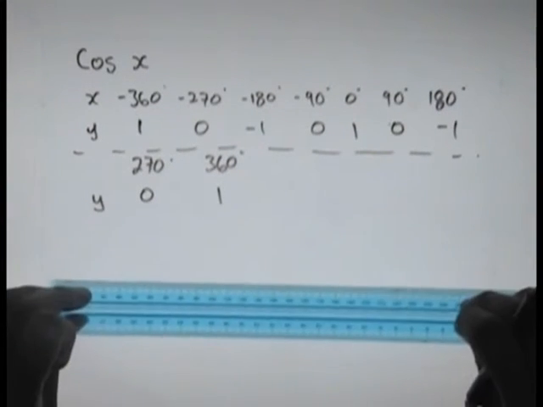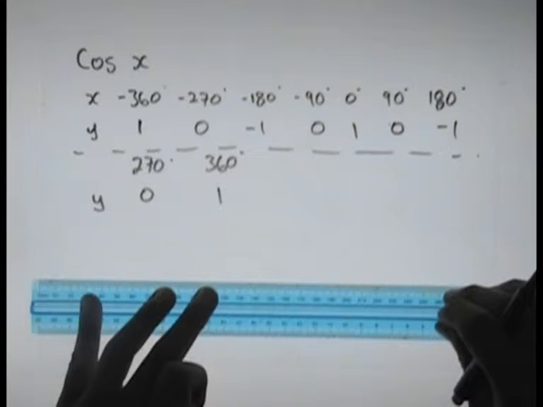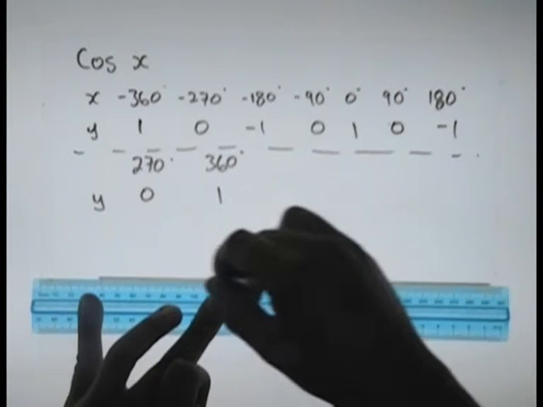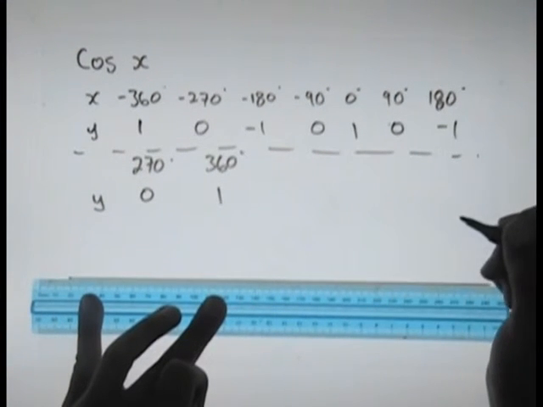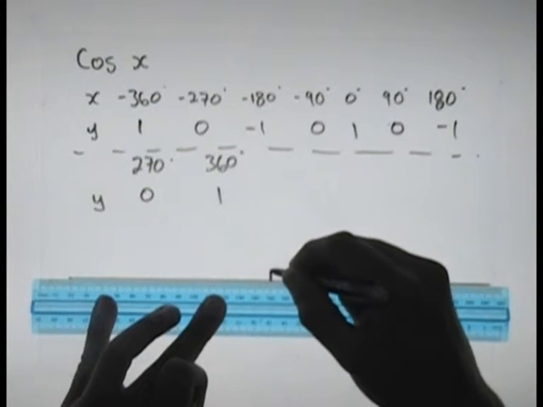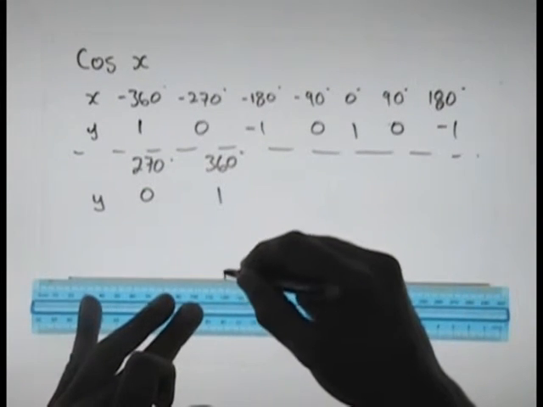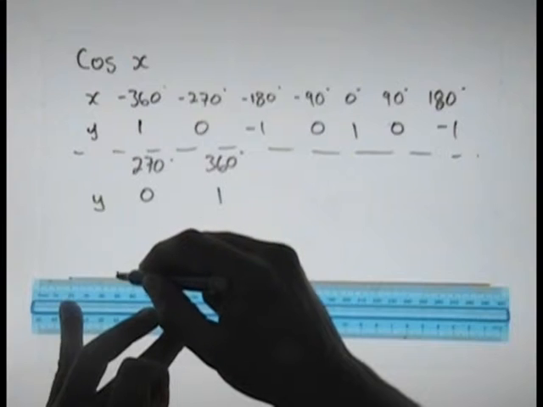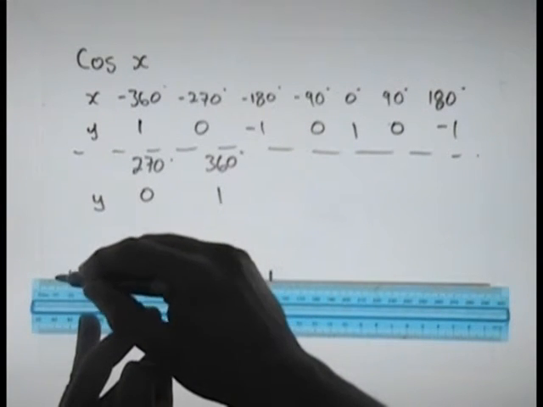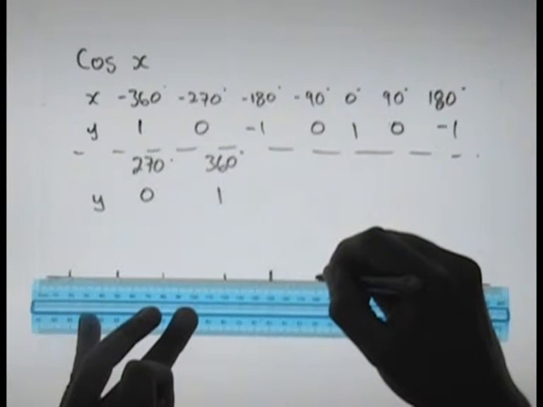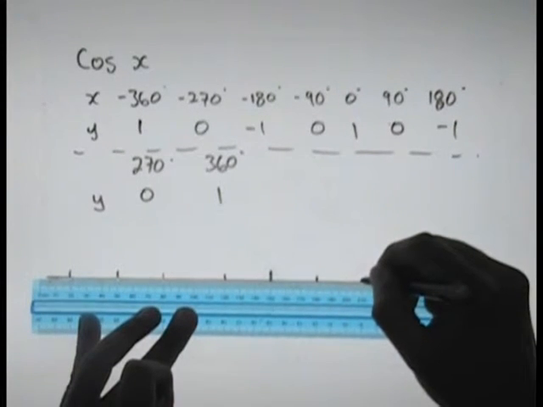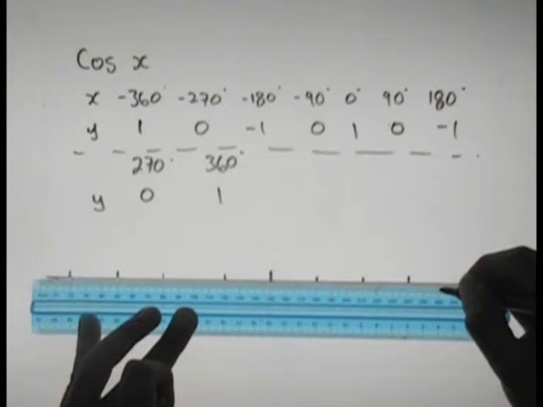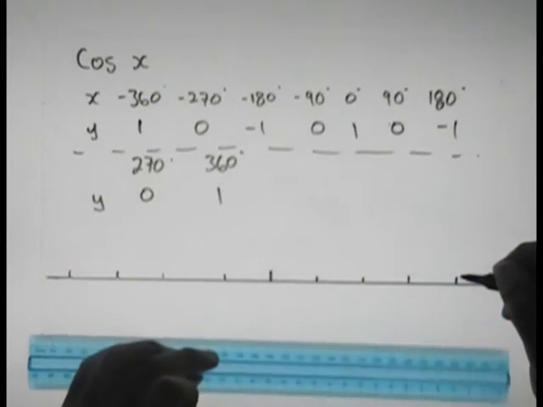If I draw this graph, this time I'm actually going to use a ruler. Start with 0 over here. Let's make that negative 90, negative 180, negative 270, and negative 360. That's going to be positive 90, positive 180, positive 270, and positive 360.